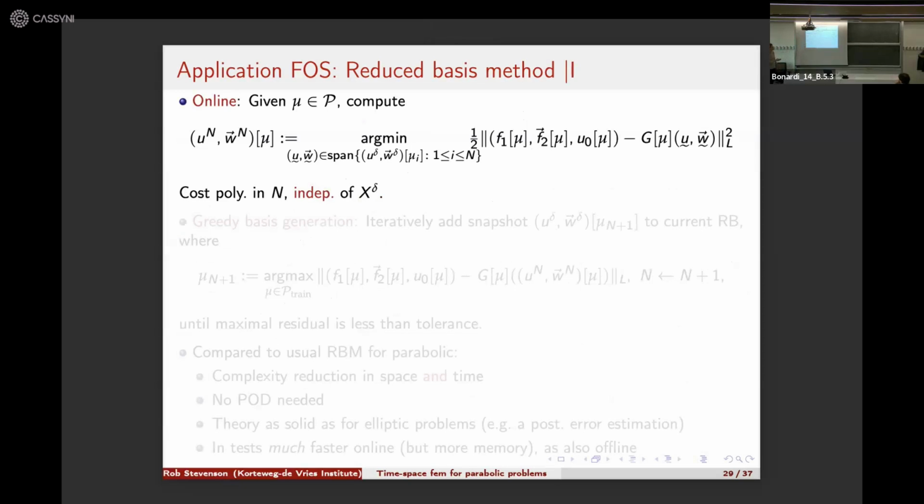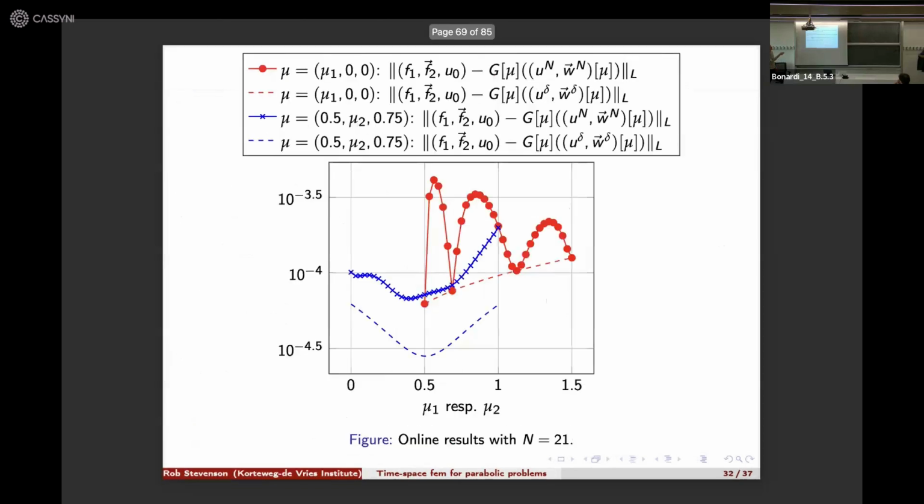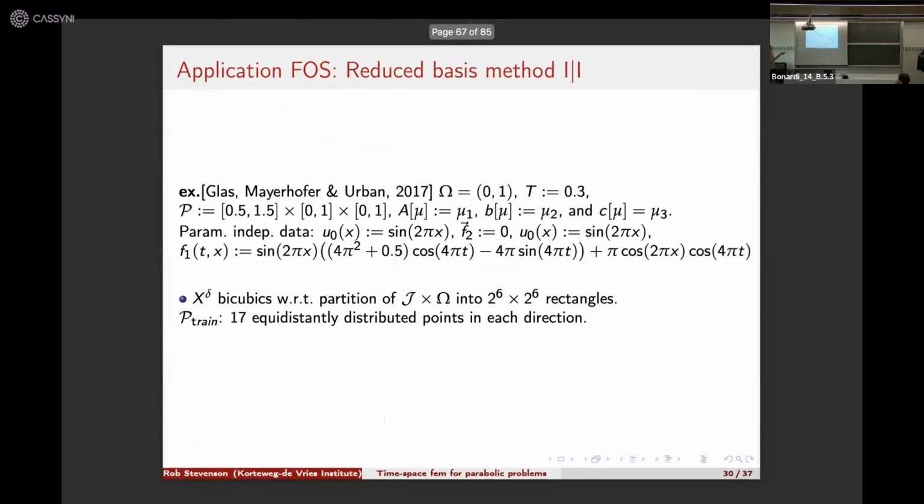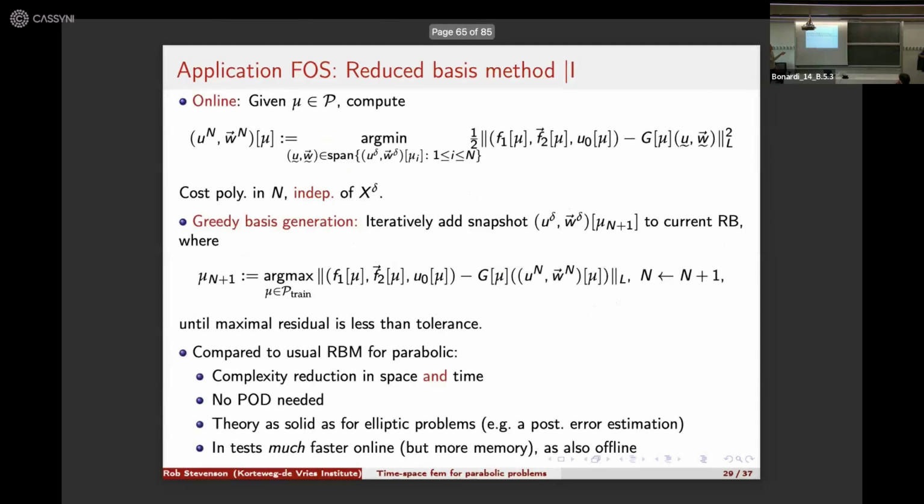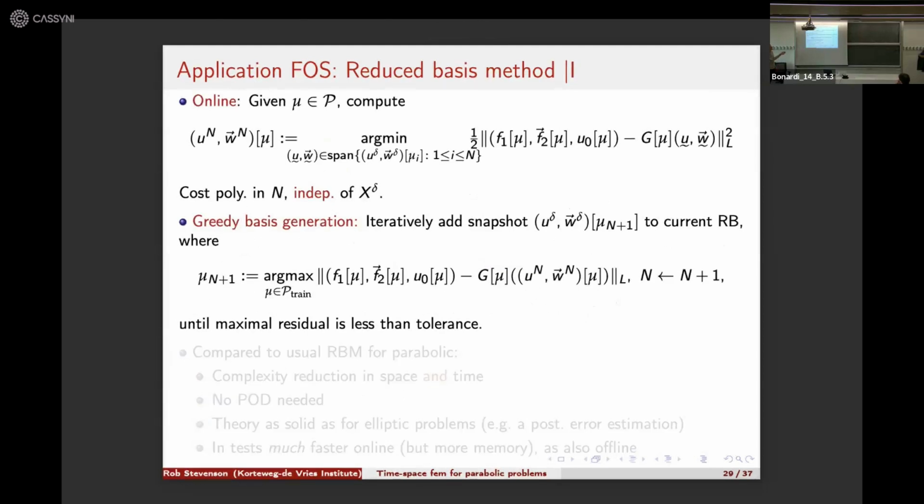That's the idea of the reduced basis methods. And then online, the costs depend polynomially on the number of snapshots that we use, but typically the number of snapshots is small, and the costs then are independent of the finite element mesh that we use for the offline computation.